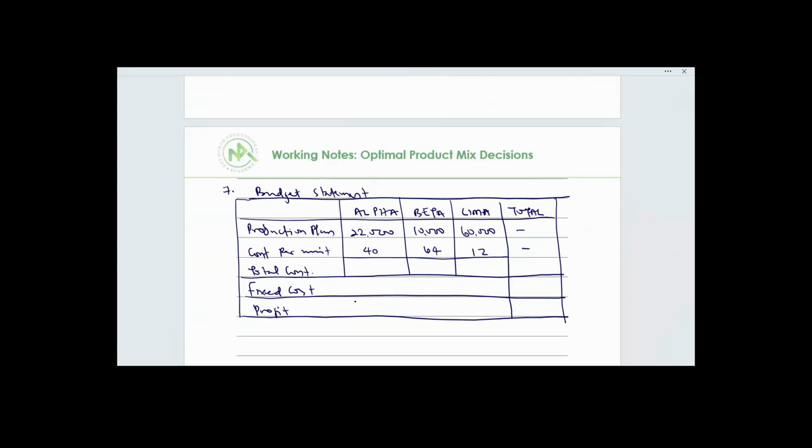So multiply. This should be 880,000, 640,000, 720,000. Please add the three numbers together. What do you get? 2,240,000.